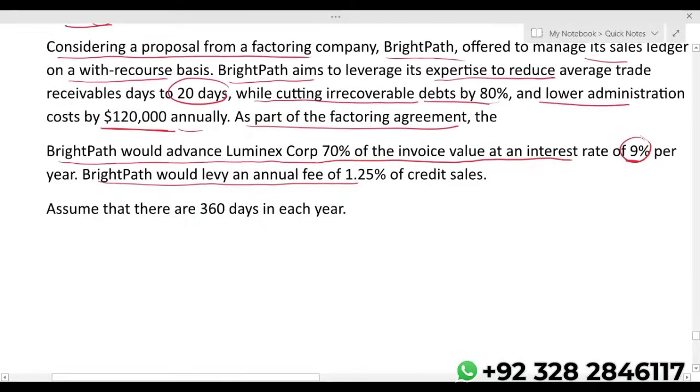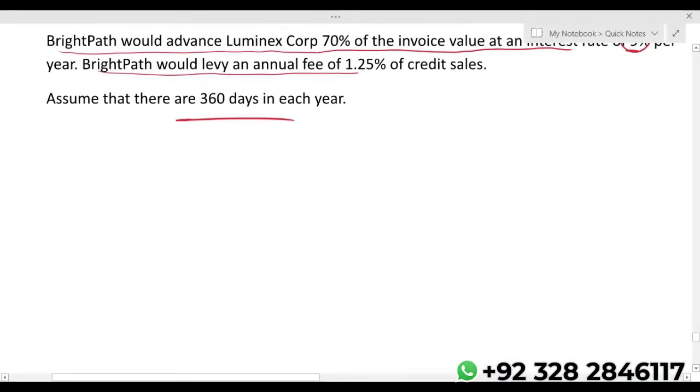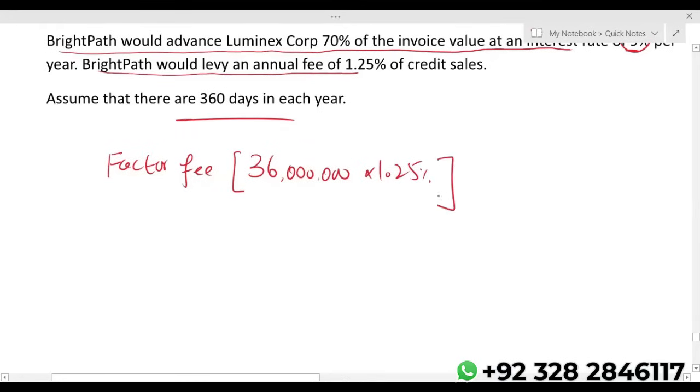So students, we just need to calculate factoring costs. Obviously, if there is a net benefit by hiring a factor, we will hire the factor. Otherwise, we will not hire the factor. If we are going to hire the factor, we have to pay the factor fee. Your credit sale is 36 million, 1.25% of that.